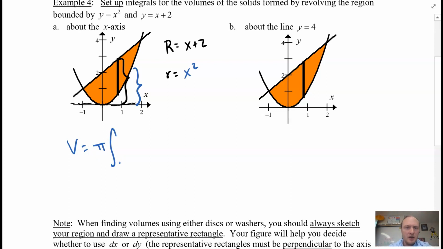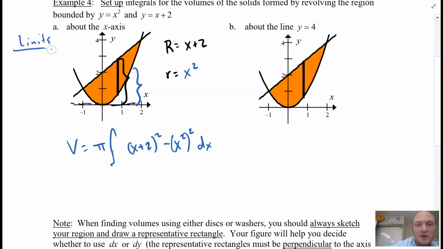and we need to know our bounds. So I don't have my bounds. Let me write this in first. So I have x plus 2 squared minus x squared squared dx, and I need my limits of integration. Notice here they don't tell us exactly, but in order to find the limits, I can set these functions equal to each other and find their intersection.